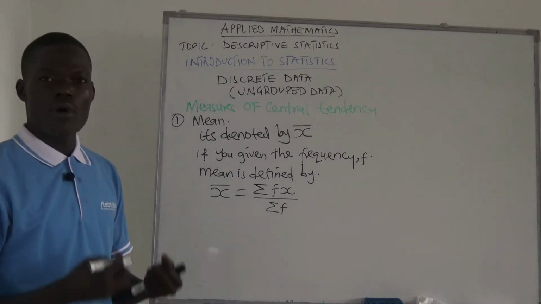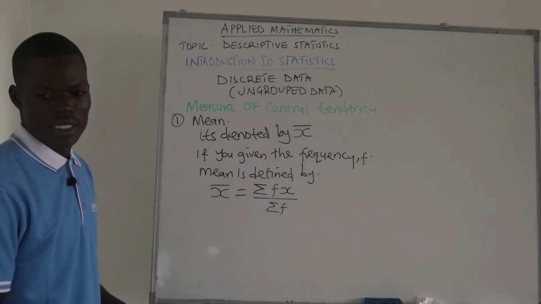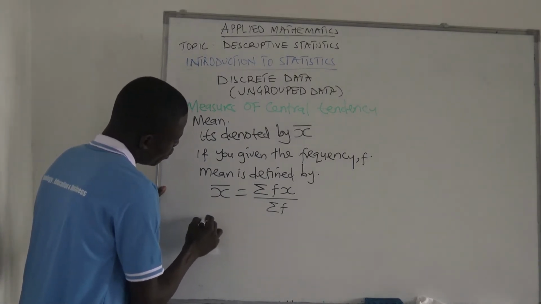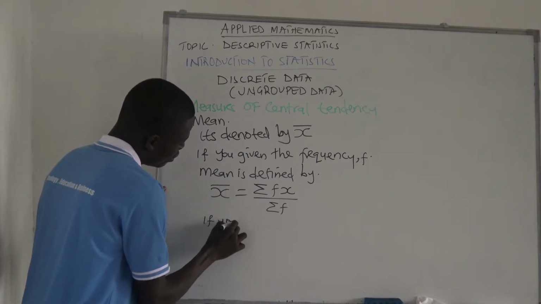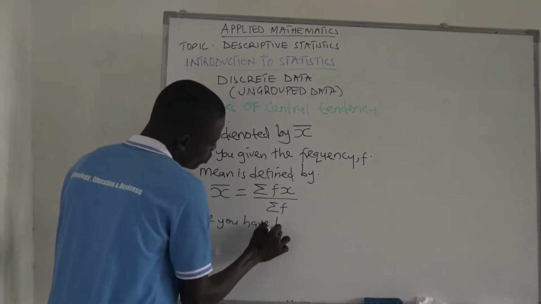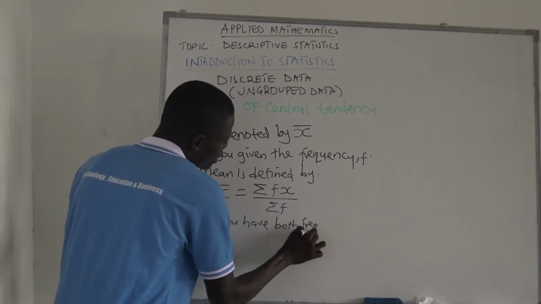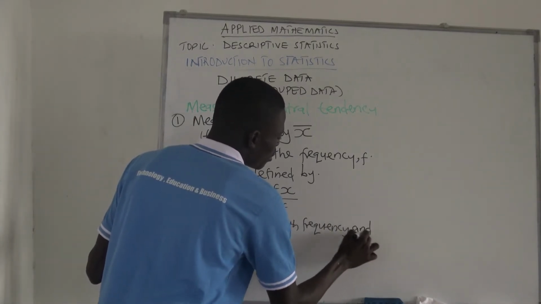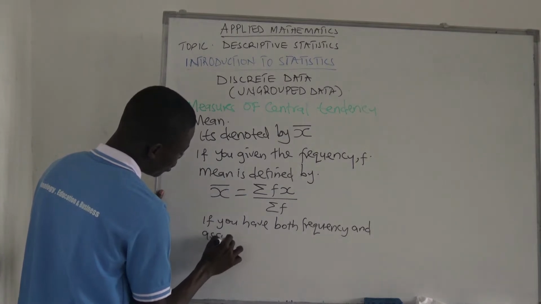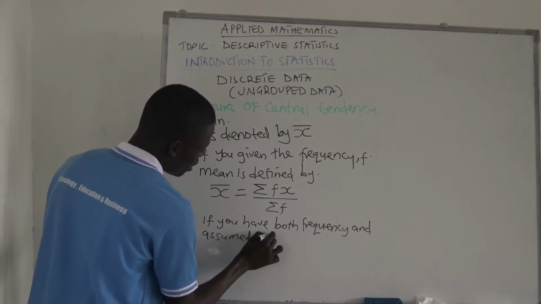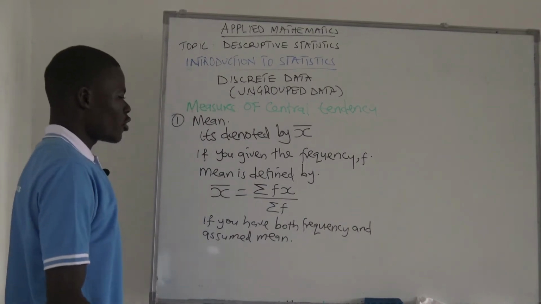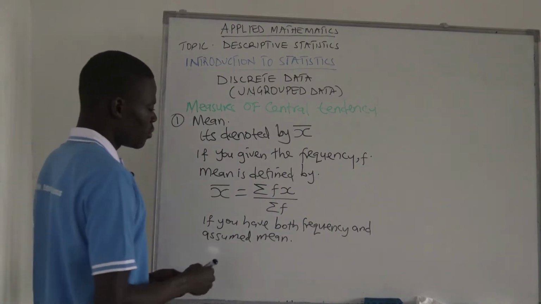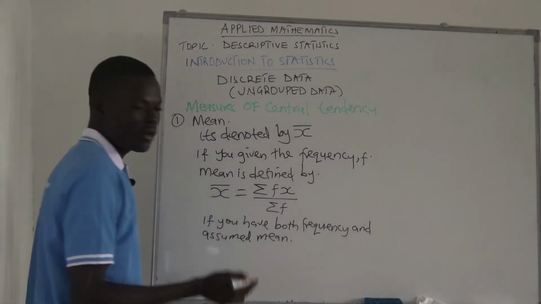And also if you have both frequency and the assumed mean, we say the assumed mean is a and frequency is f.